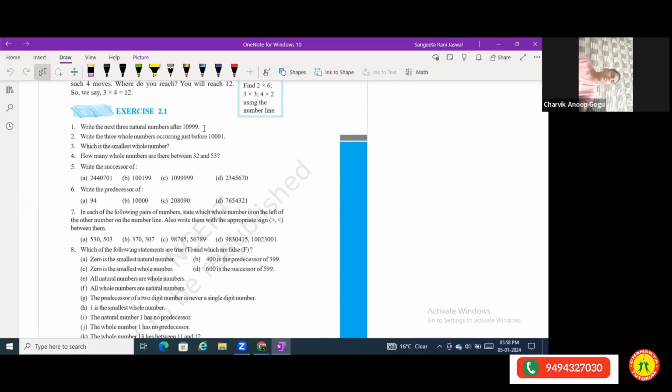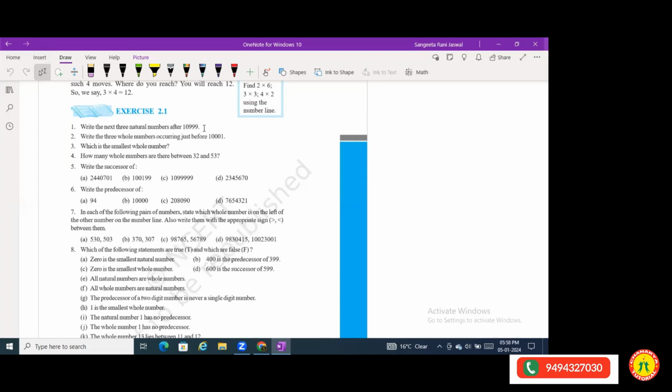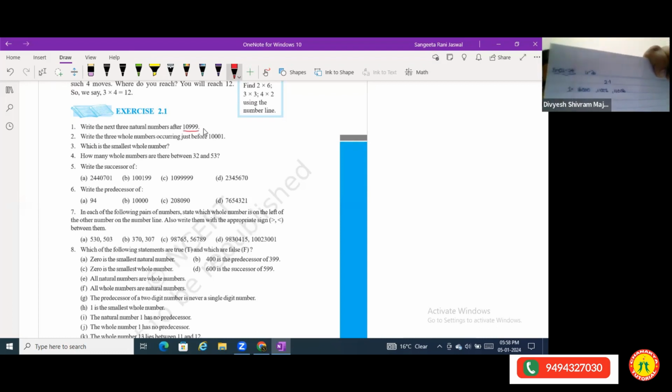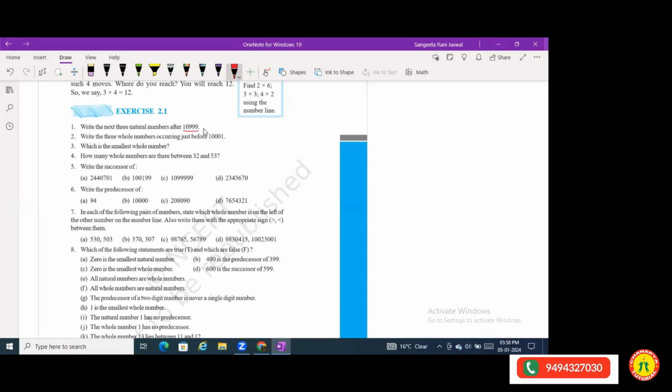Can you tell what we should write? Write the next 3 natural numbers after this number. Can you see my screen? Yes. Divesh, read out your numbers.